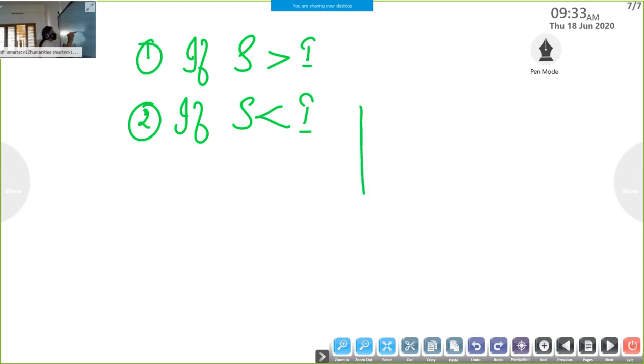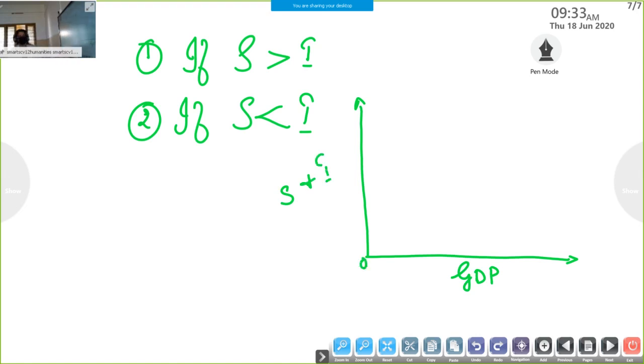So we need the SI approach. Here what we are taking is GDP or level of income or level of national income, and here saving and investment. Then the saving curve is an upward sloping curve.